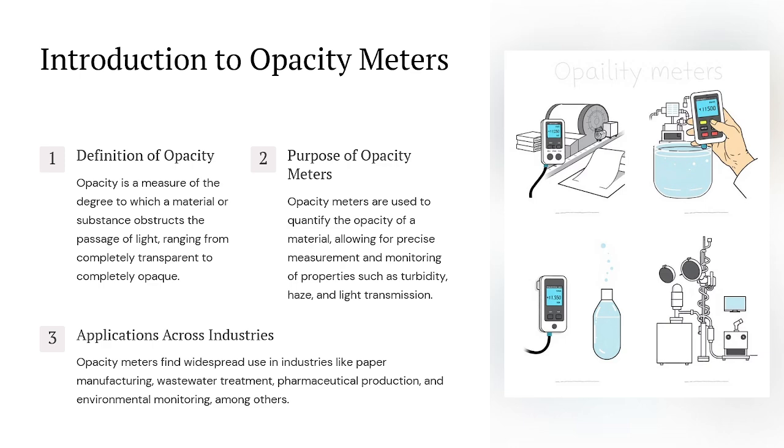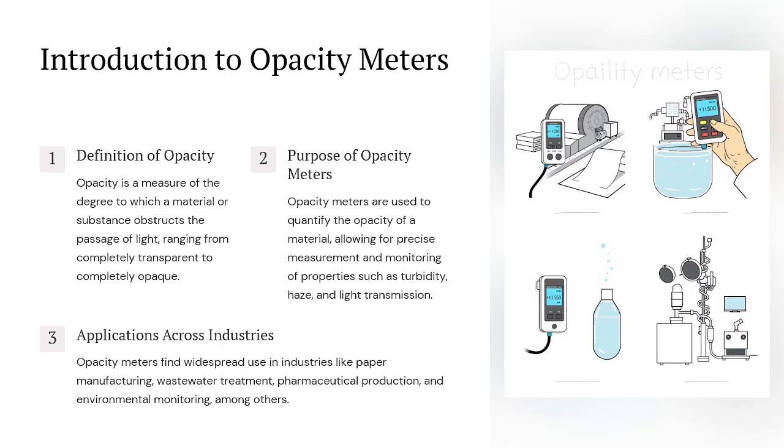Let's begin with a basic question. What is opacity? Opacity measures how much a material stops light from passing through it. Something completely clear like glass has low opacity. Something like smoke or thick paint has high opacity.